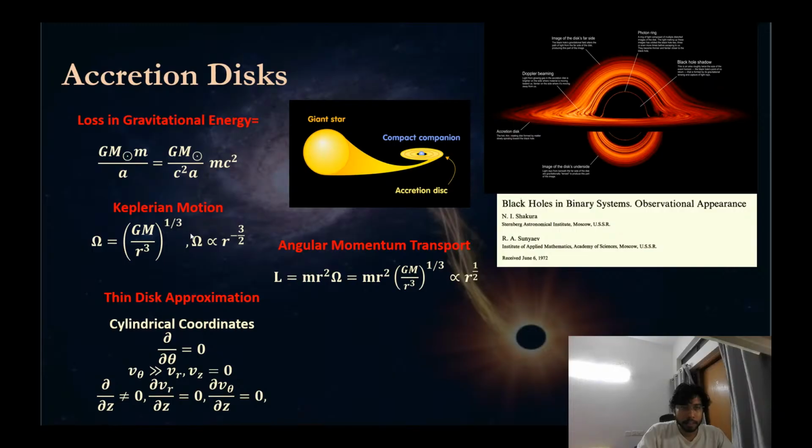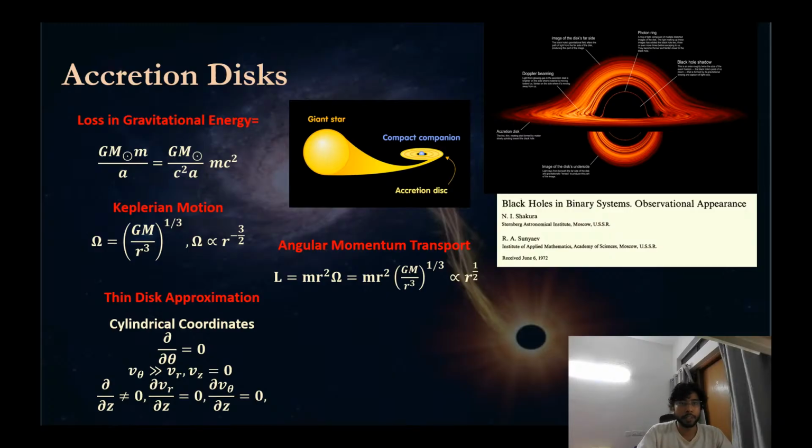Now, as I said, you have this circular motion, and if you have a circular motion, you already know Kepler's laws. So Kepler's law states that the gravitational force is balanced by the centrifugal force.